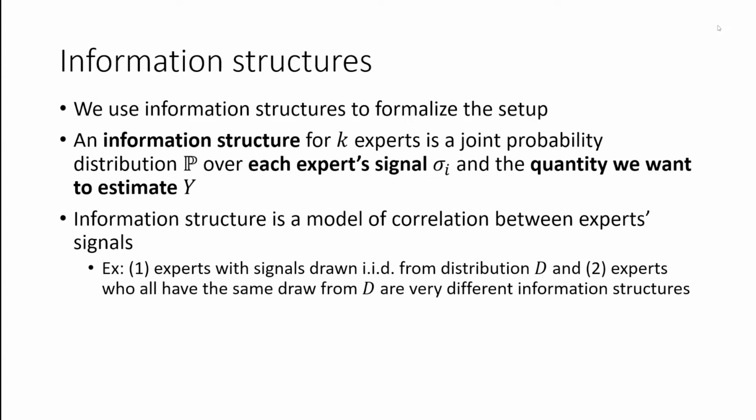So as an example, you could consider experts whose signals are drawn IID from some distribution. Or you could have experts who all have the same draw from that distribution. And while the marginal distribution of each expert's signal is the same in these two cases, the actual joint probability distribution is very different. And so we say that these information structures are very different from each other.